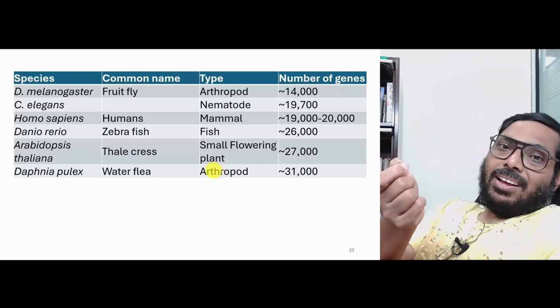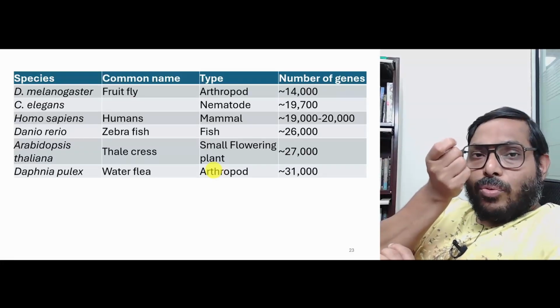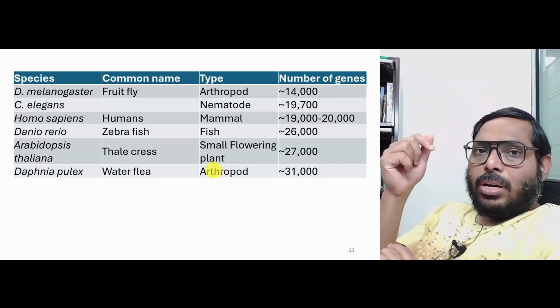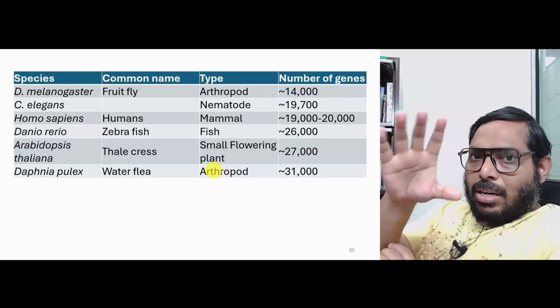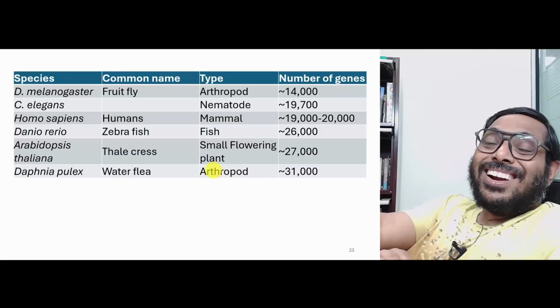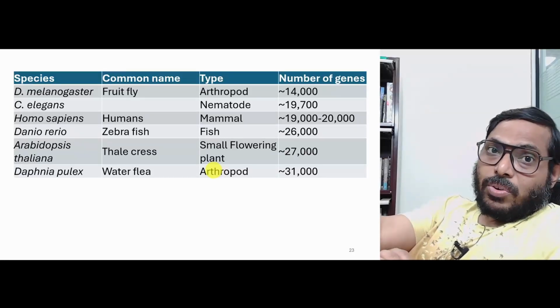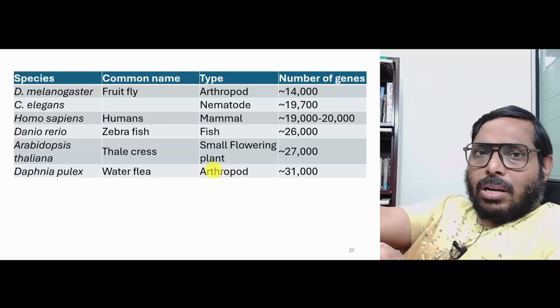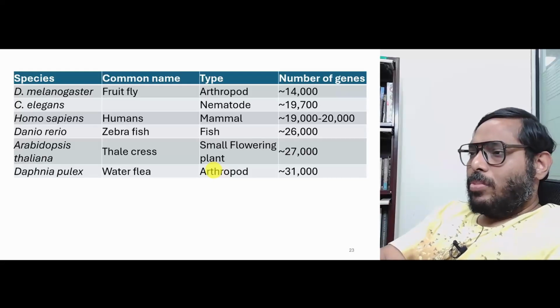And Daphnia, that microscopic 4-5 millimeter long organism that we talked about in one of the previous lectures, has 31,000 genes, roughly a little less than double compared to humans.